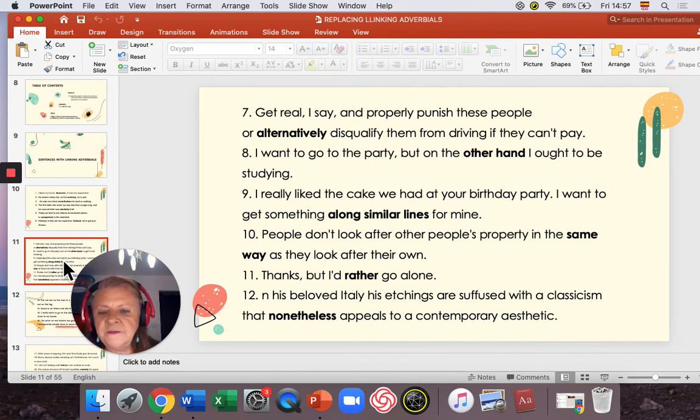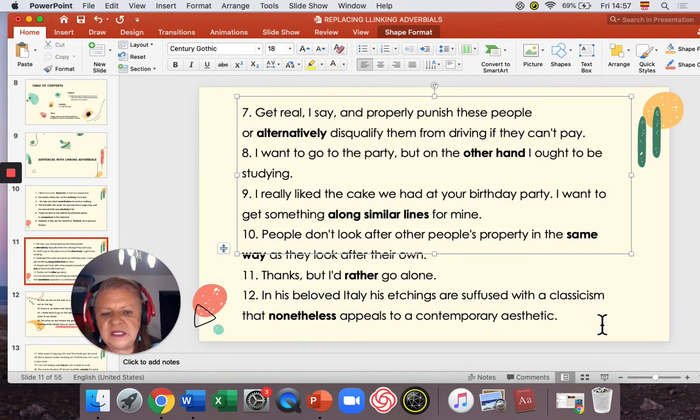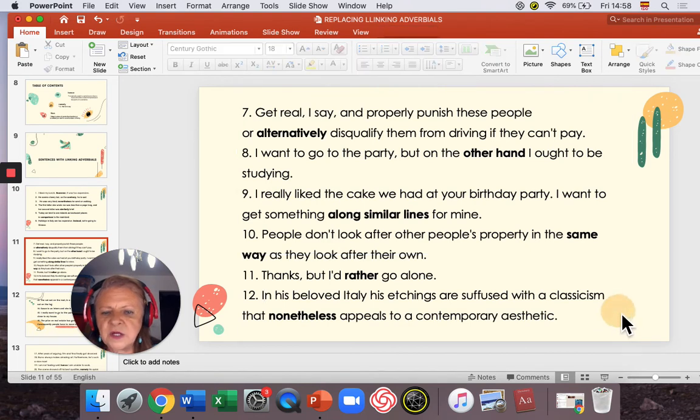Next one. In his beloved Italy, his etchings are suffused with a classicism that nonetheless appeals to a contemporary aesthetic.